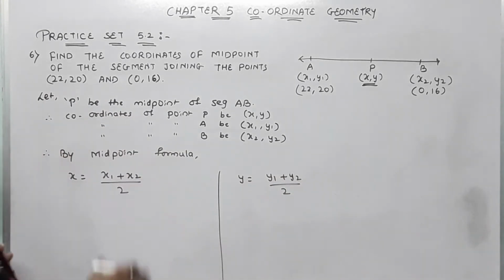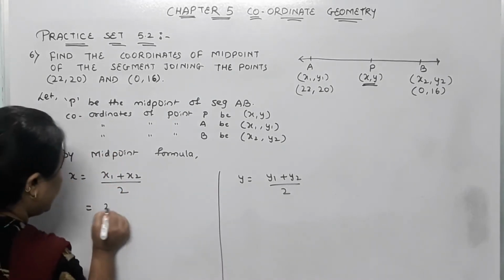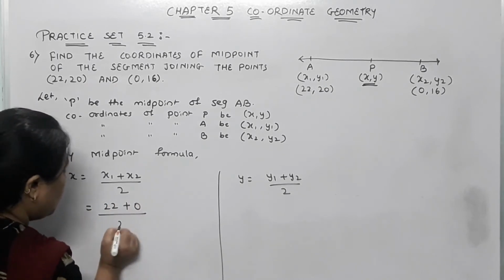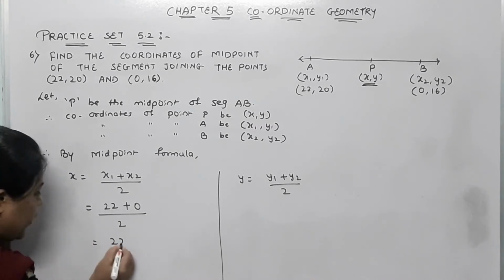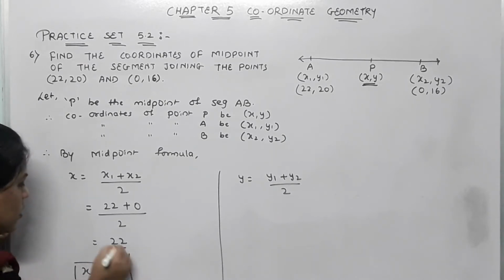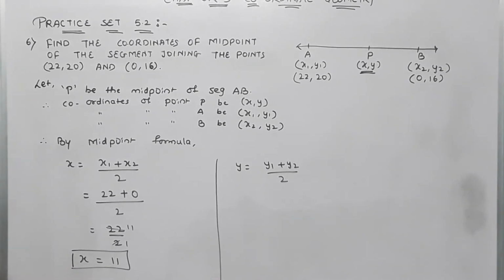So first we'll calculate for x. Now what is x1? It is 22 plus x2 is 0 upon 2. So x equals to 22 upon 2, that is equal to 11. 2 ones are 2, 2 elevens are 22. So value of x is 11.